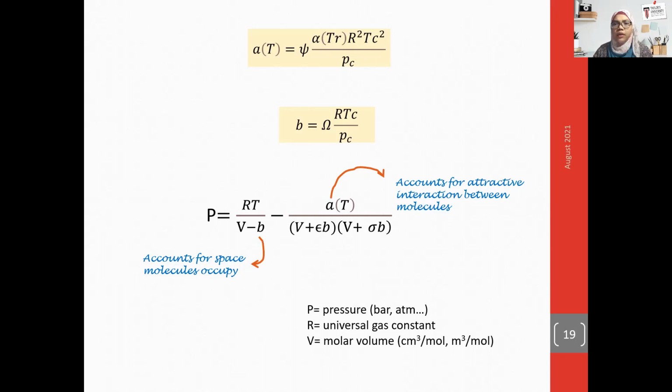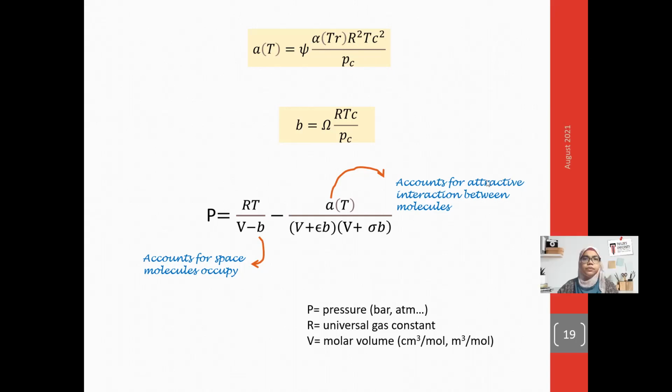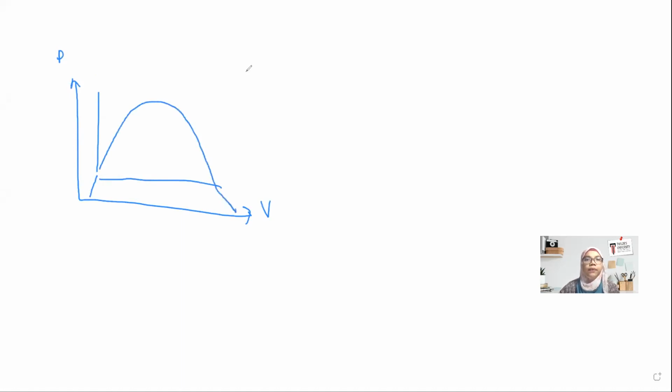Okay, let me explain more. Let me open the whiteboard. Okay, based on the PV diagram, we have here P and V, and then we have the region under the dome, right?